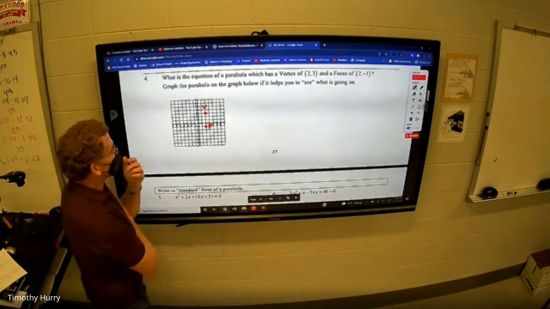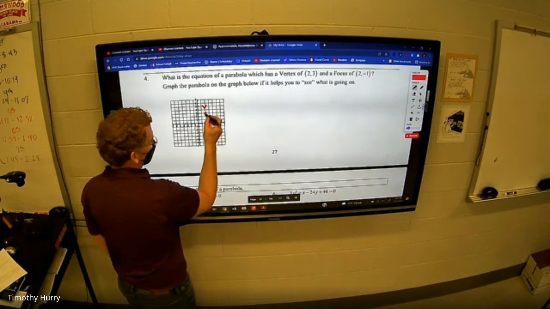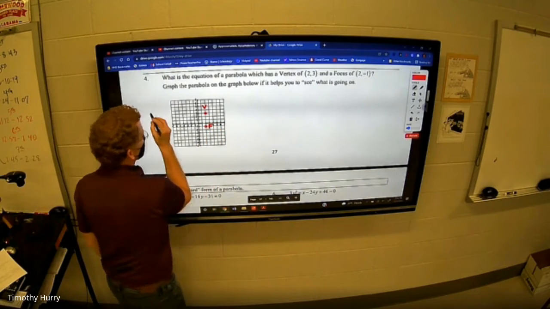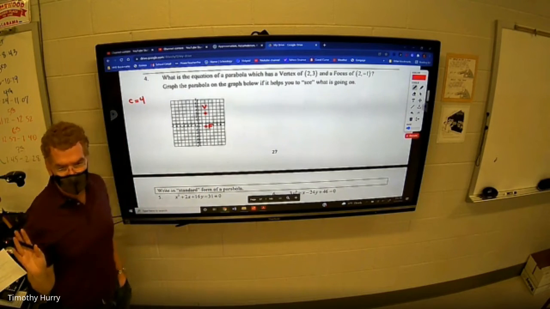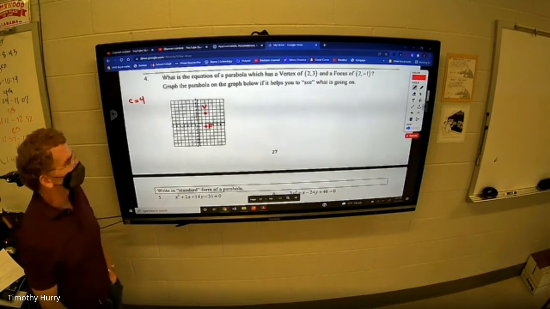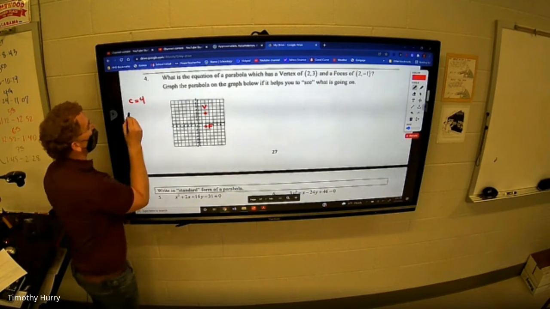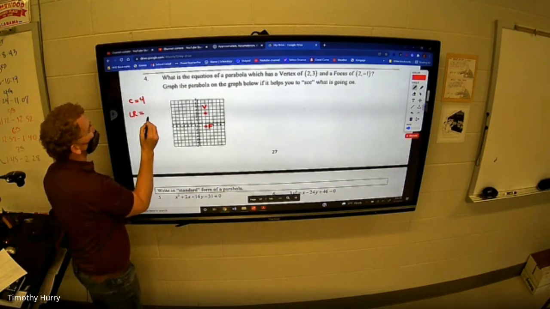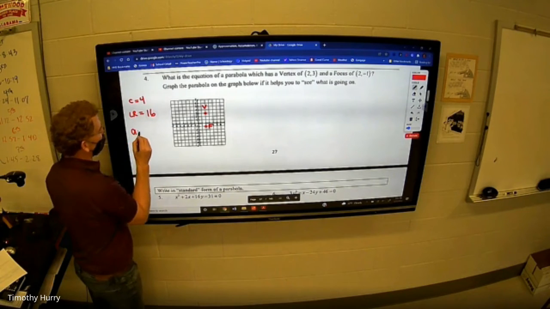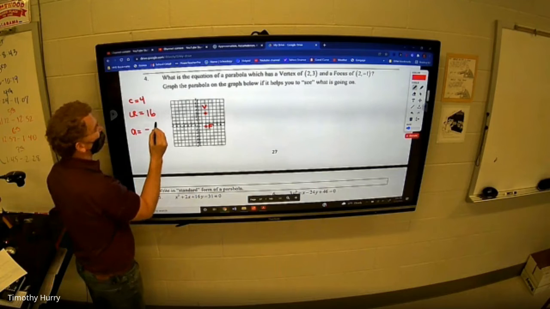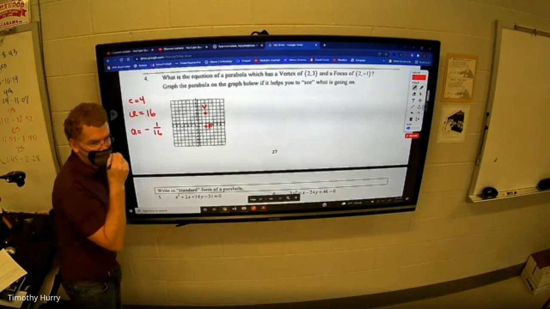So that would mean if I wanted to do this, I am 1, 2, 3, 4. My C value looks like it's 4. Now it didn't ask me for the directrix, so I don't have to sketch it. So if C is 4, what's your latus rectum? 16. And what would your A be because of that? -1/16. Good, because you know this graph is going down.